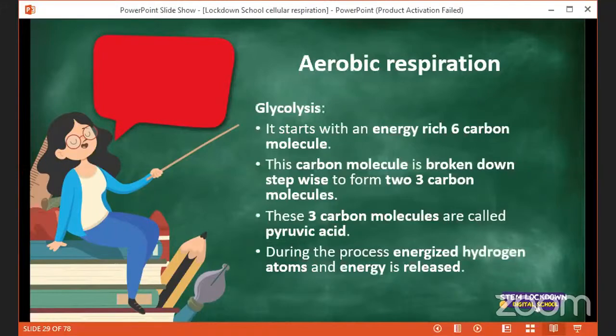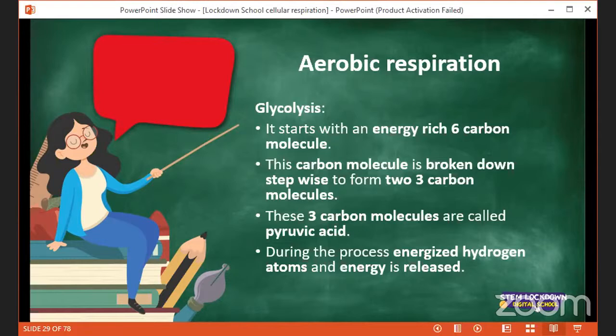Glycolysis starts with an energy-rich 6-carbon molecule, and that molecule is called glucose. Remember, I said you should be able to know the formula of glucose. It is 6 carbons, 12 hydrogens, and 6 oxygens, so it is C6H12O6.